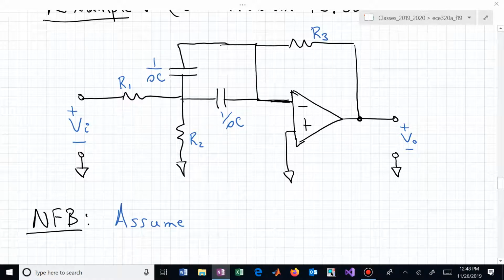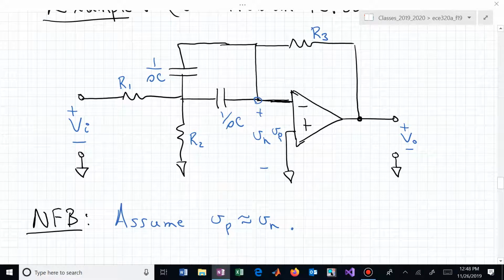So we're assuming now that V sub P, which is what I'm calling this, is approximately V sub N, which is what I'm calling this, are the same. And in this case, since V sub P is connected to common, so is V sub N. That non-inverting pin and the inverting pin, we're going to assume are at common or at our ground location.